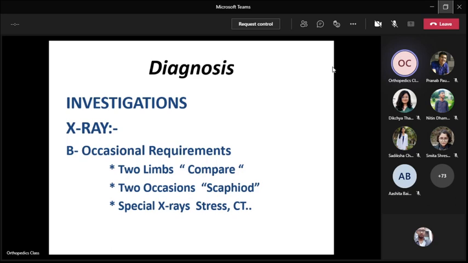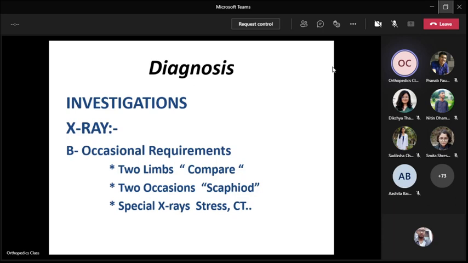Sometimes special X-rays are done, particularly stress views, if there is a fracture around the joints, because they are metaphyseal bones and they are compressed, you won't see. So a stress view used to be done to see how the fracture fragments are falling and where they are.